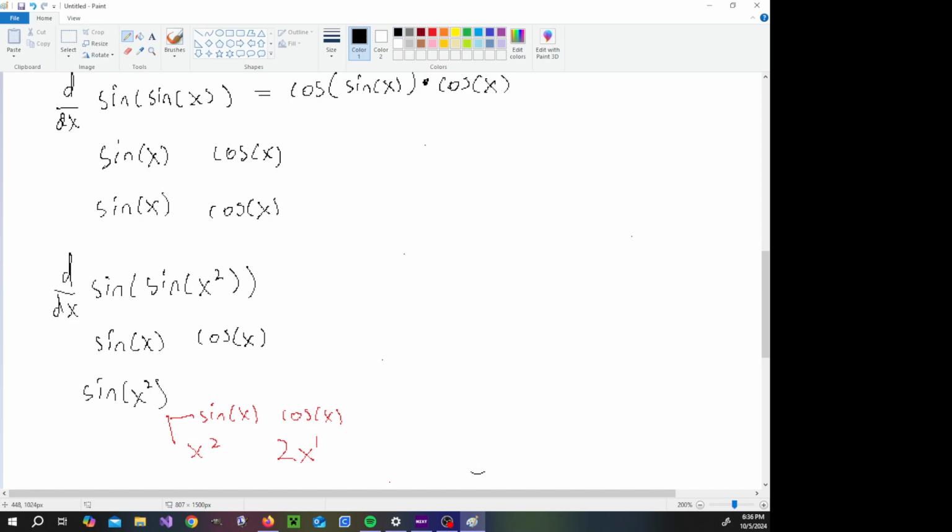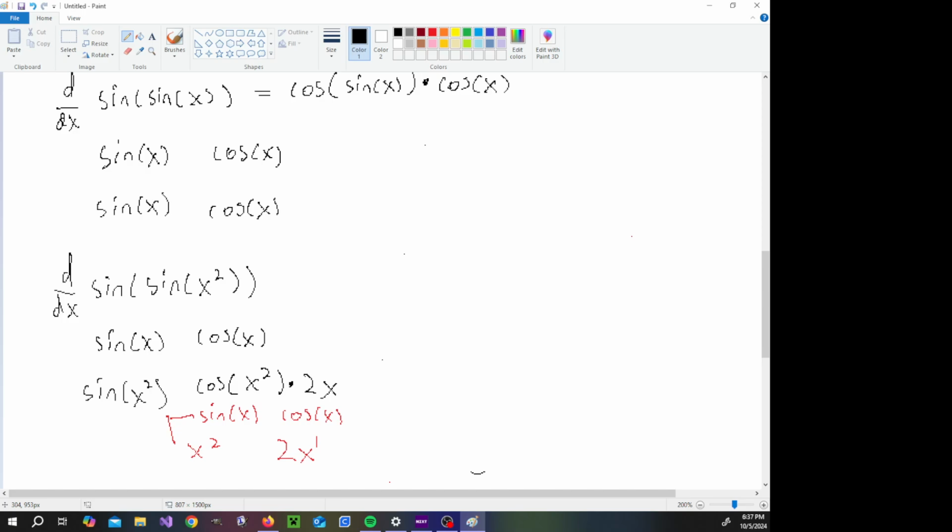So this derivative is the derivative of the outside, cosine, of the original inside, times the derivative of the inside, 2x.